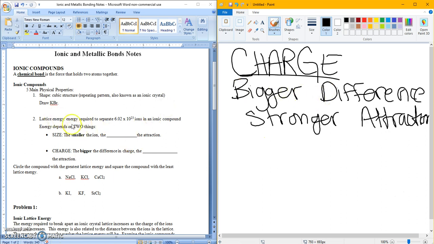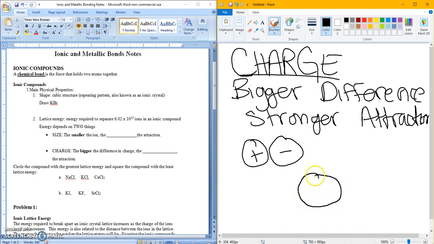Okay, so the next thing that determines how hard it is to pull apart an ionic compound is the charge. So think about the charge as a magnet. If I have a positive and a negative magnet, they stay together pretty well. But let's say I have a stronger magnet, like 3 times stronger. And I have a stronger anion magnet.